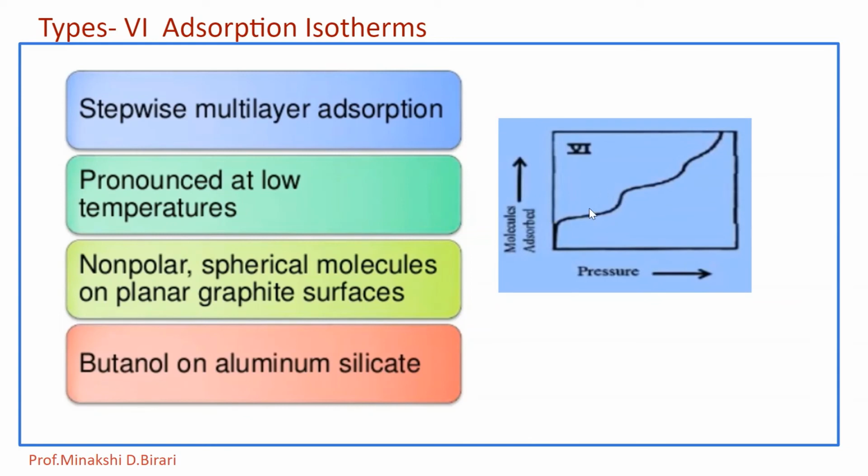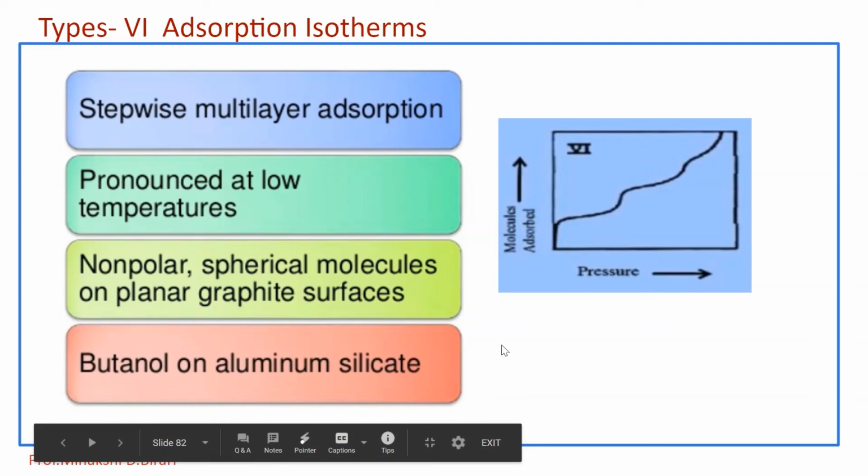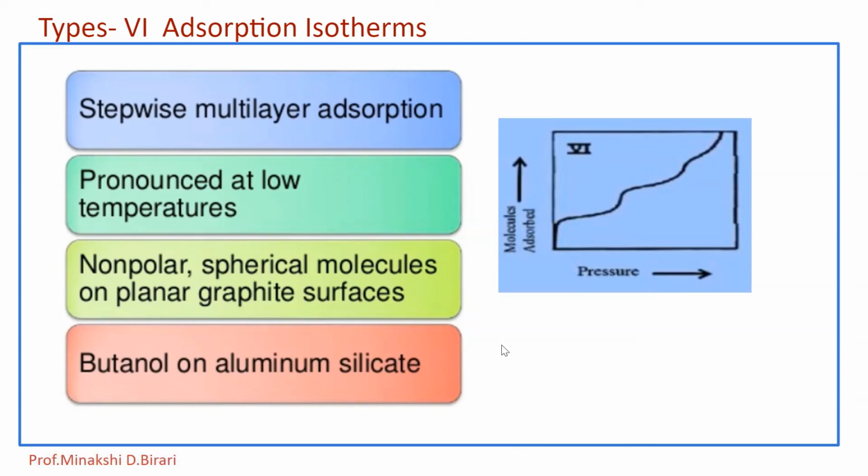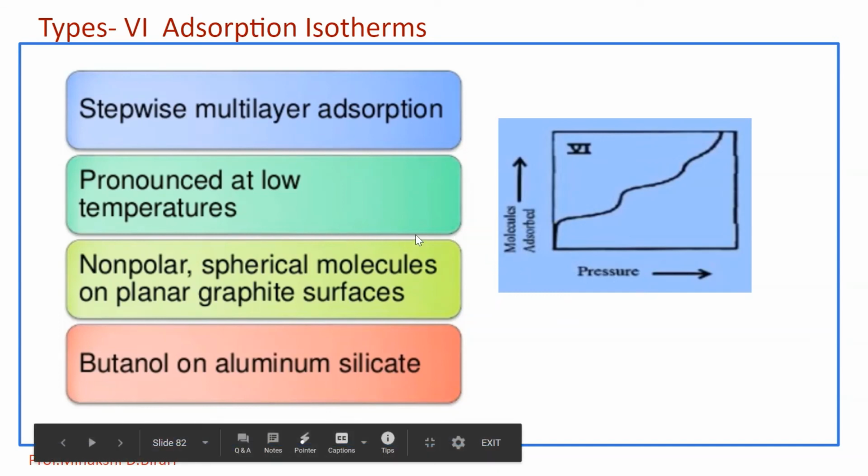It is more pronounced at lower temperatures, and also for nonpolar spherical molecules on planar graphite surfaces, or another example, butanol on aluminum silicate. So the type 6 adsorption isotherms are those obtained with argon or krypton on graphitized carbon black at liquid nitrogen temperature. This type 6 adsorption isotherm is more pronounced at lower temperatures.